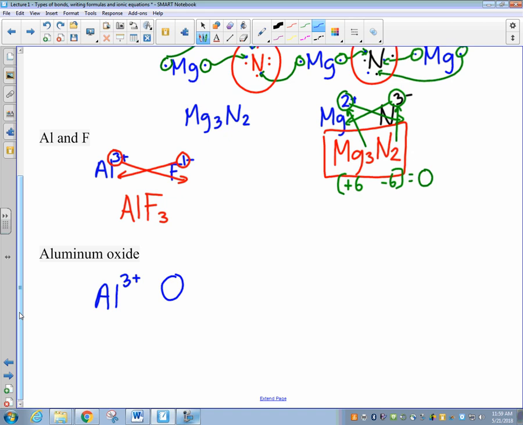And as a small electronegative element, it's going to have a tendency to gain electrons to fill its octet, which will give it a charge as an ion of O2-. And again, to determine the formula of the compound aluminum oxide, we're going to ignore any positives or negatives here and make those charges into the opposite subscripts for the atoms, which gives me the formula here of aluminum oxide, Al2O3.